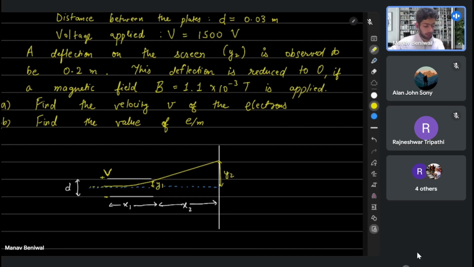Now, what other thing is discussed, that when you apply field B here, then the deflection of your electrons is zero. So basically, your y2 is zero in magnetic field B. Now you can see that there will be some electric field.